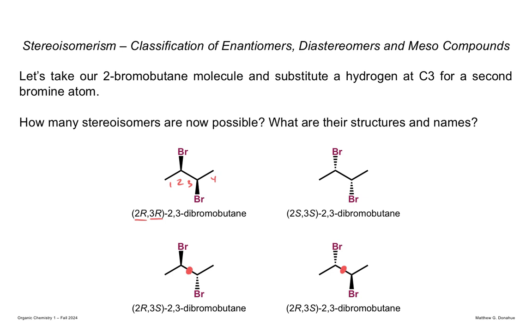If you do the same thing for the compounds up top, I'll do that in blue. If you do that same rotation, you will see that the bromine atoms do not line up. So even though we said there should be 4 real stereoisomers, this one only has 3.